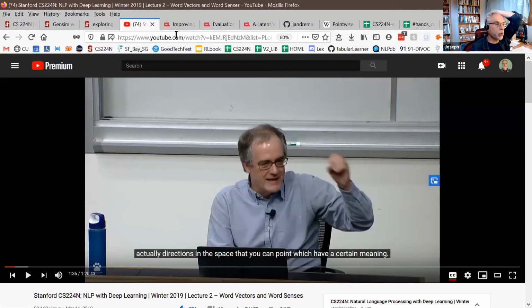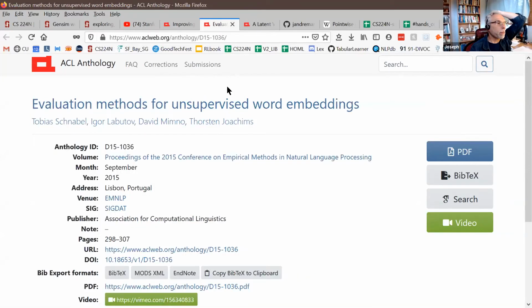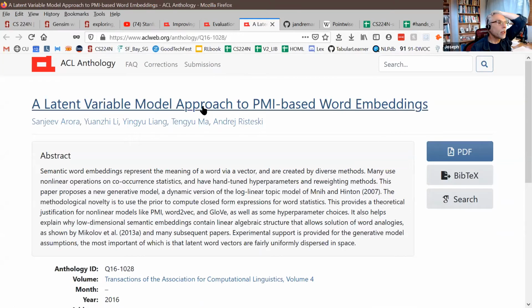I had meant to go through the whole thing, but I wasn't able to get it running. So that's that. There are a couple of papers that he refers to. I didn't look at these, but maybe improvements on Word2Vec, evaluation methods for unsupervised embeddings, latent variable model for PMI.